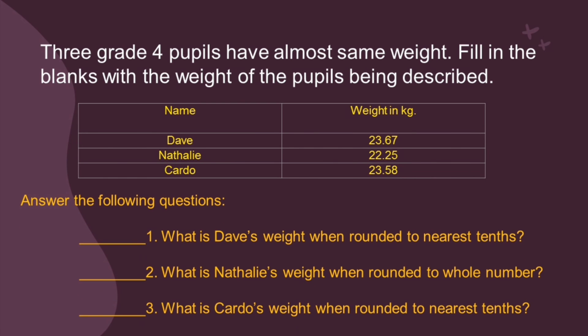Answer the following questions. Number 1. What is Dave's weight when rounded to the nearest tens? Number 2. What is Nathalie's weight when rounded to whole numbers? Number 3. What is Cardo's weight when rounded to the nearest tens?